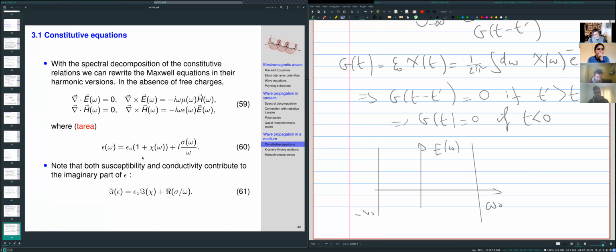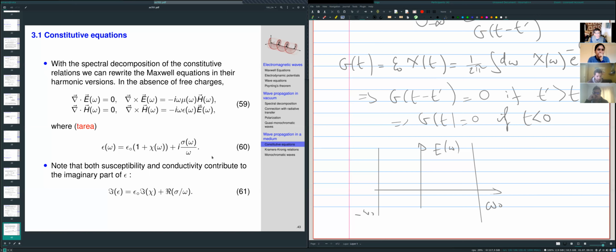That would be the standard part, but it's also including a conductivity term. Here I'm also using Ohm's law. So the electric permittivity is given by a real term and an imaginary term.